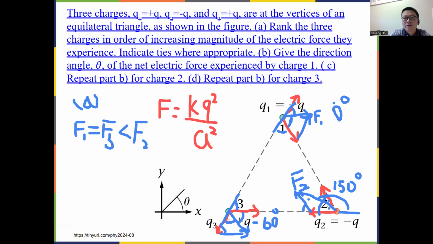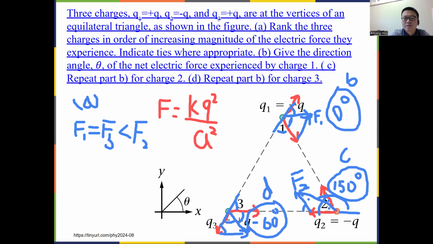And then for the angles, this is for F1, so this is angle B. For C, for F2, this is for C, and then this is the angle for D. So on this one, we are not given any charges, but we can just look at their magnitudes relatively.